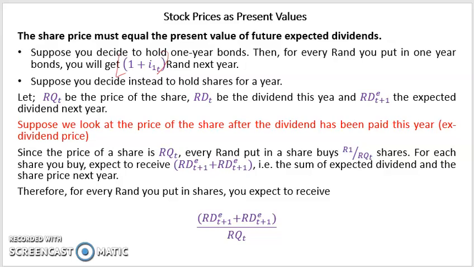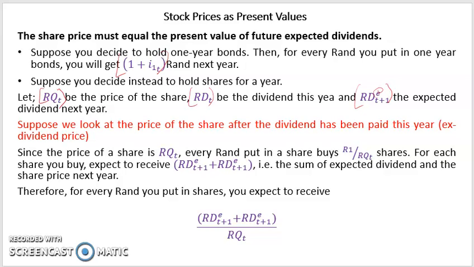Now, secondly, suppose you decide instead to hold shares for a year. Let Q_t be the price of the share and let D_t denote the dividend this year, such that D^e_{t+1} represents the expected dividend next year.